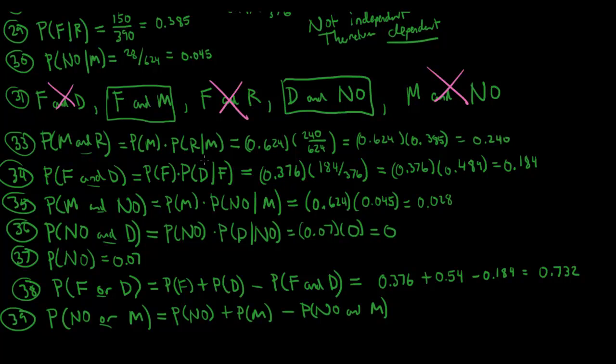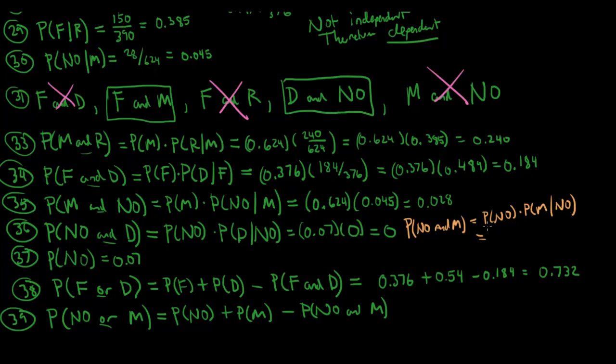What I want to see is the probability of no opinion and male. Okay, so that would be the probability of no opinion times the probability of male given no opinion.